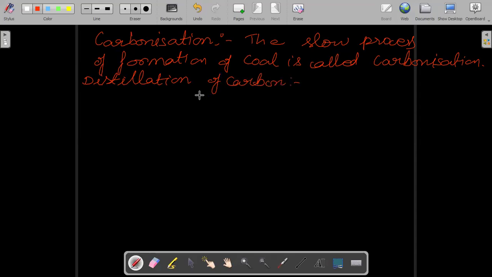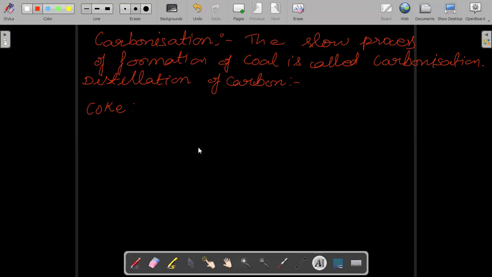So what is coke? Sir, coke is the substance formed after the carbonization. It is a tough, porous, black substance.